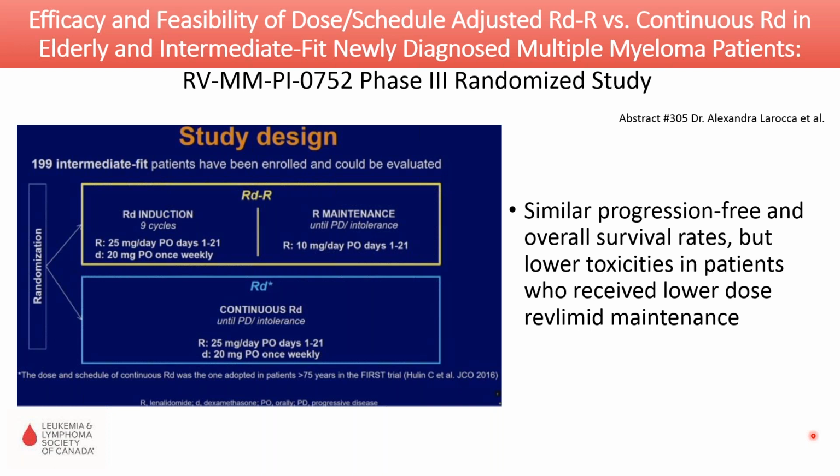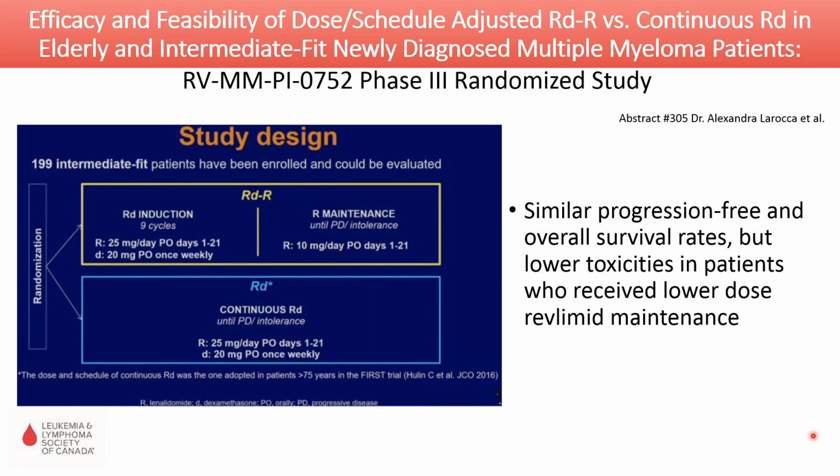And so that's essentially what they did. And they picked patients who would really be at high risk for complications. So it's more the frailer type of elderly patients, over the age of 75 with comorbidities. And then they randomized to standard treatment, standard doses, versus a reduced dose after a period of induction.